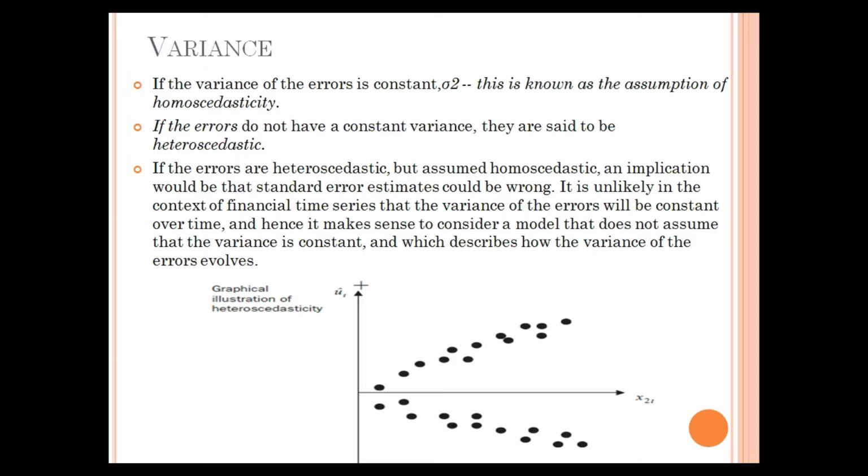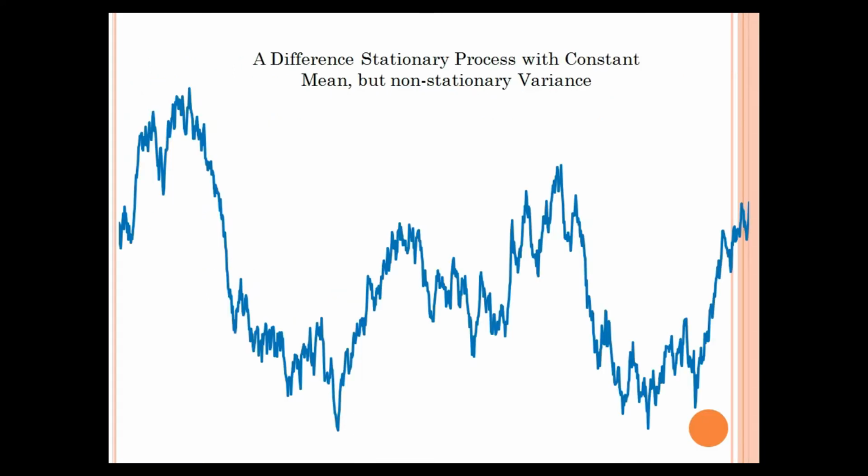It's not similar throughout. But how do you come by non-stationary variance data? So simple generalized models won't work in a non-stationary data series. So you have to come by more robust and more modified models.